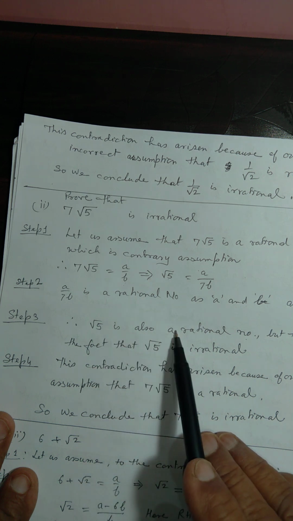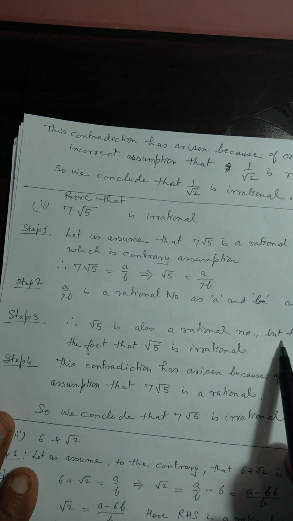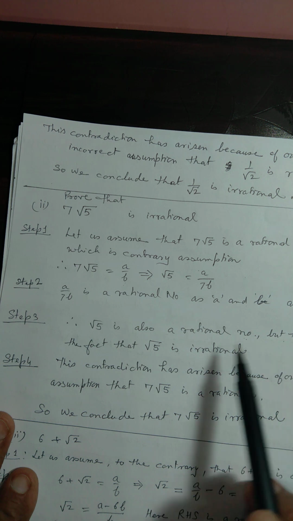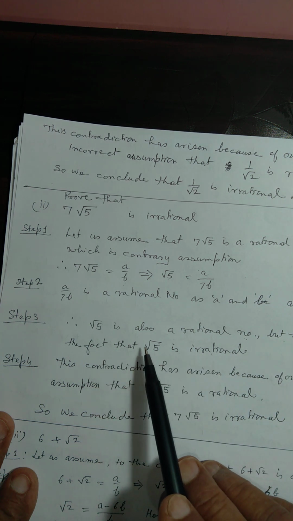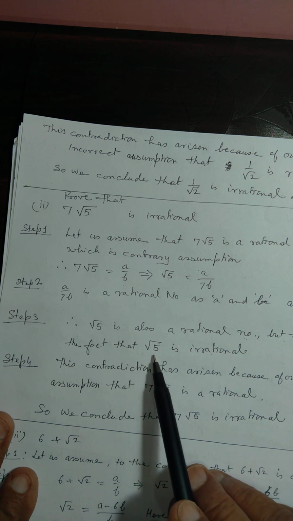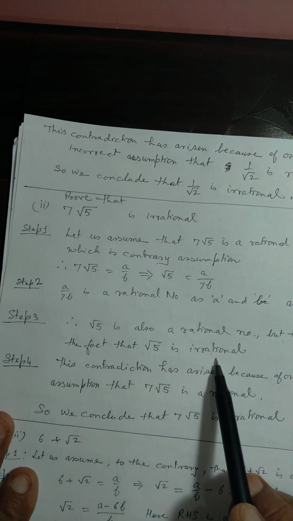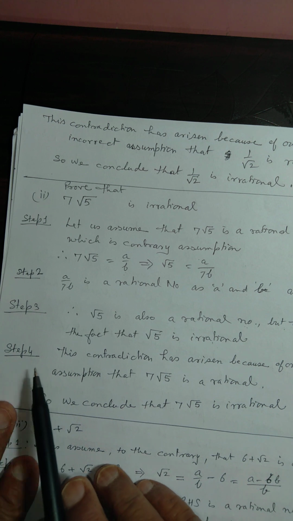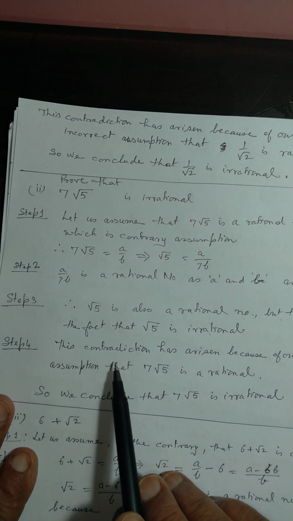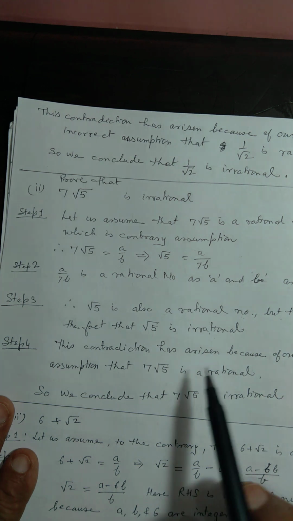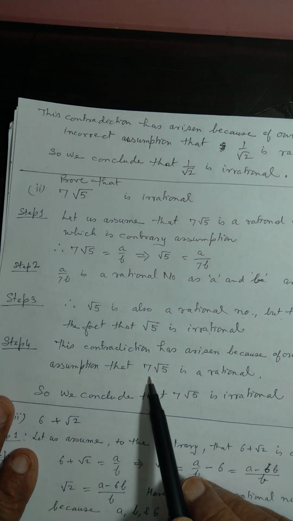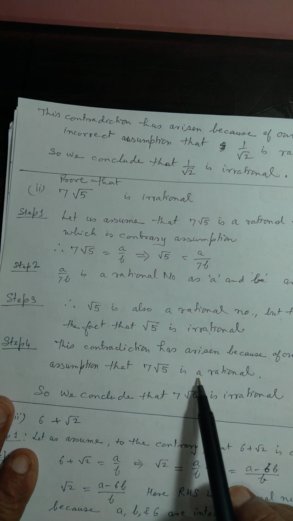Root 5 is also a rational number, but this contradicts the fact that root 5 is irrational. It is already established that root 5 is irrational. Therefore, in step 4, this contradiction has arisen because of our incorrect assumption that 7 root 5 is rational.